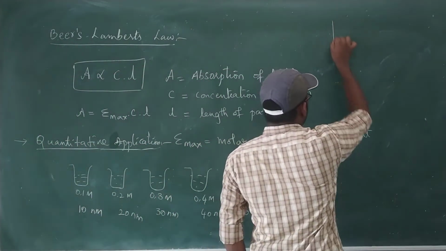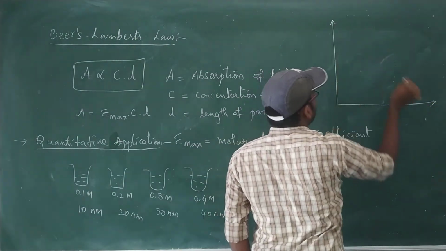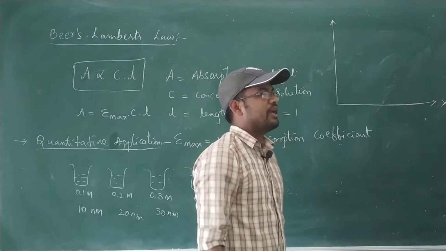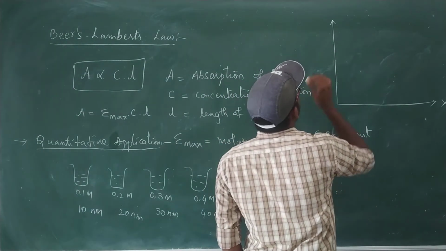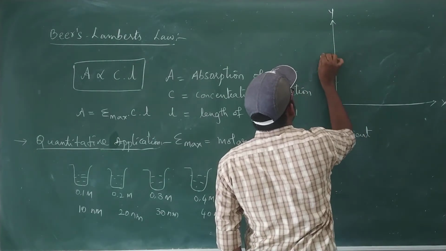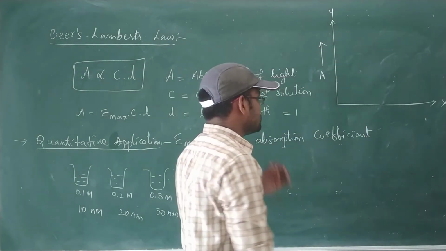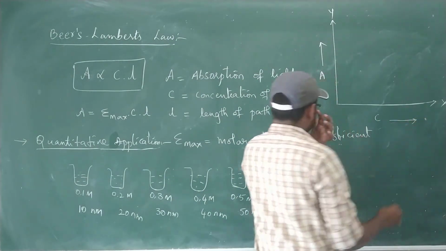Now we draw a graph plotted between absorption of light and concentration of solution. Absorption we take on the y-axis, and concentration of solution we take on the x-axis.